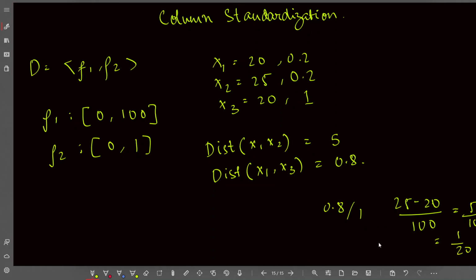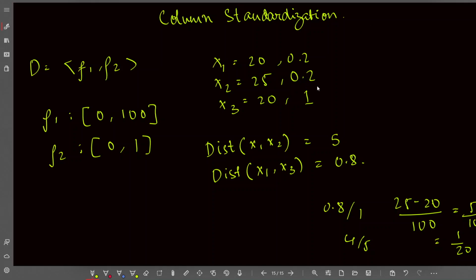Whereas 0.8 upon 1 is like 4 by 5. So obviously the difference varies a lot more when you have 0.2 and 1, correct?